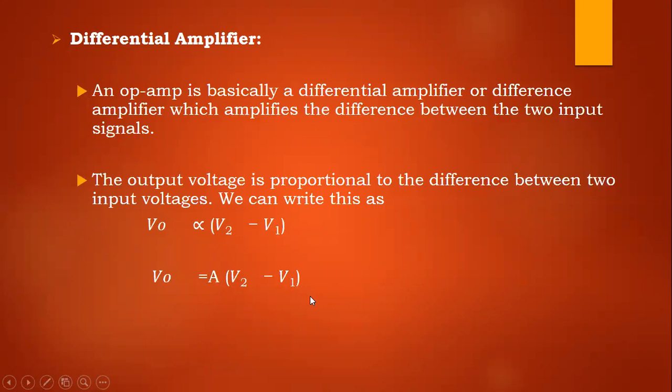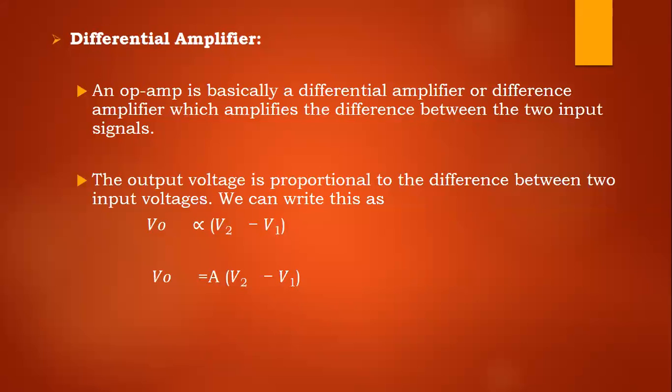Now, if a single input is applied to the amplifier and the other terminal is grounded, then at the output we will get A times V1 or A times V2.